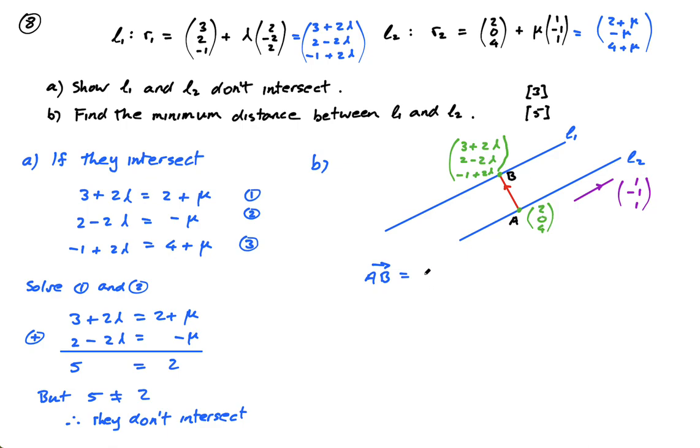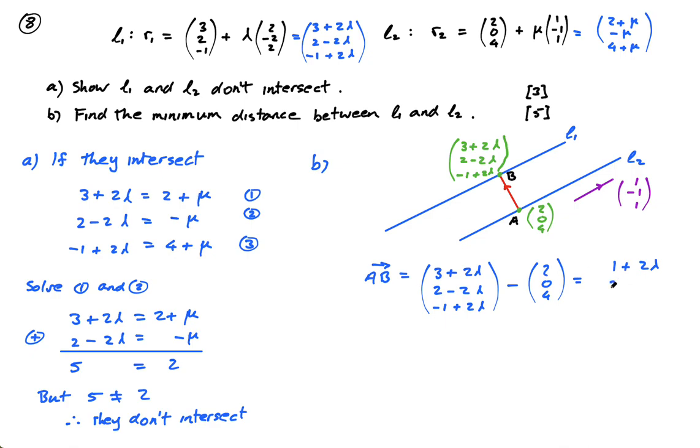So hopefully, guys, you are all okay with what I'm about to do. It's (3 + 2λ, 2 - 2λ, -1 + 2λ), this minus (2, 0, 4). And this equals 3 minus 2, that's 1, so it's 1 + 2λ.